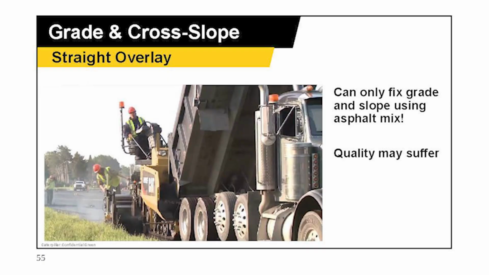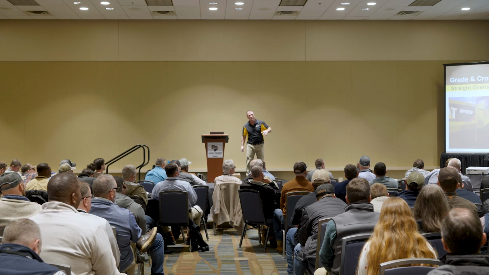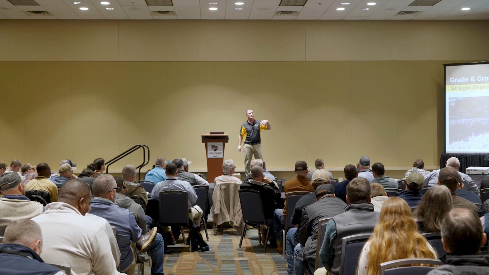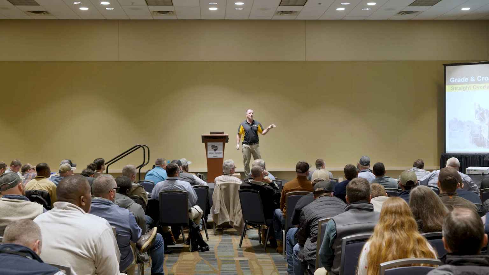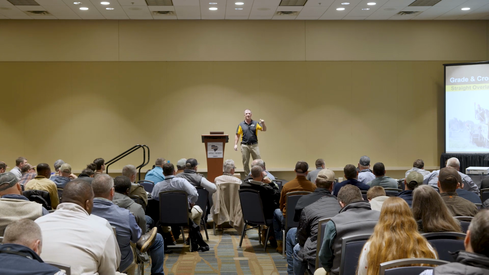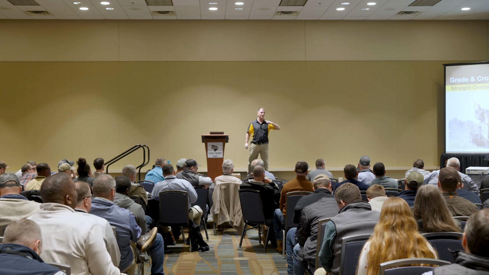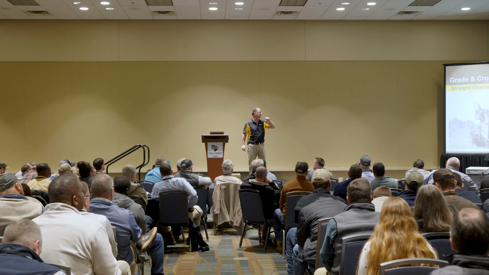Then we get into straight overlays, right? So we're just going out there, got the existing road, we're not milling it, we're not doing anything, we're just going to sit down and they just want us to pave over it, right? So it depends, again, what the existing is as to how we're going to get any change in grade. If we go out and just pave thickness, we're going to get the exact same thing we had, same profile, same slope, only at 2 inches of new mix on top of it, right?